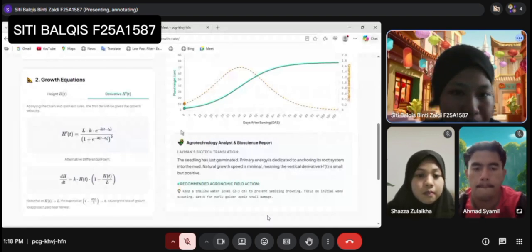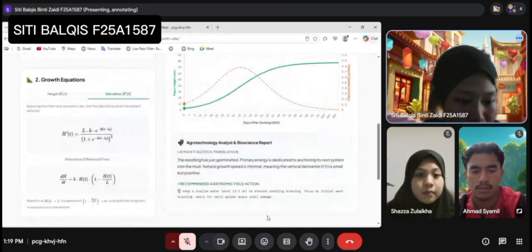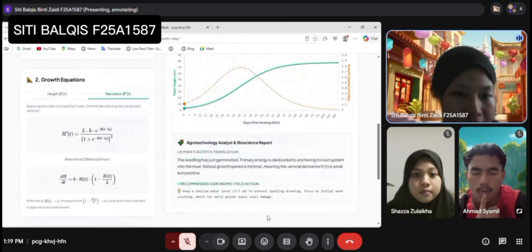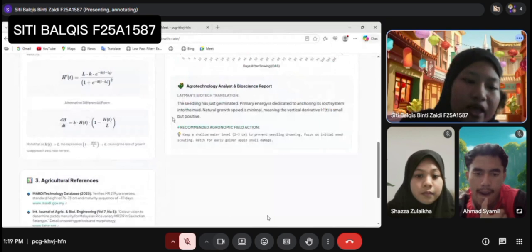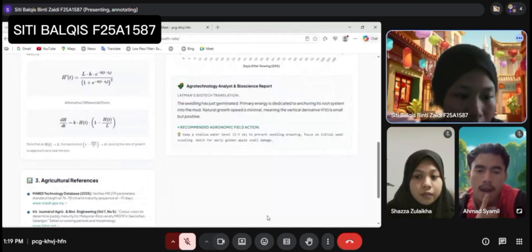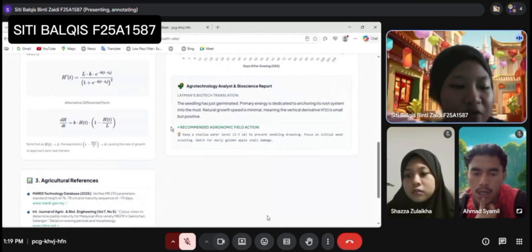Lastly, one way to improve the HTML is by adding real-time agriculture data and weather information so that users can compare the model with actual farm conditions.